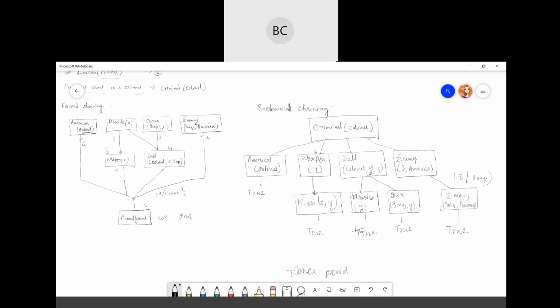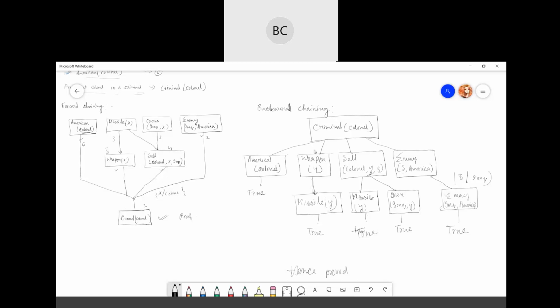It's not going to try to check all the rules. If using a few required rules is enough to prove that what we need to prove is true, then it will just use the fewer required rules. But forward chaining will simply test all the available rules.